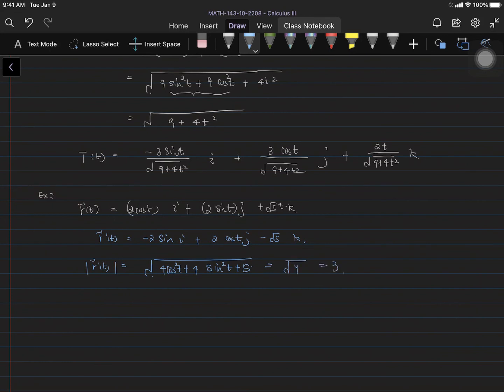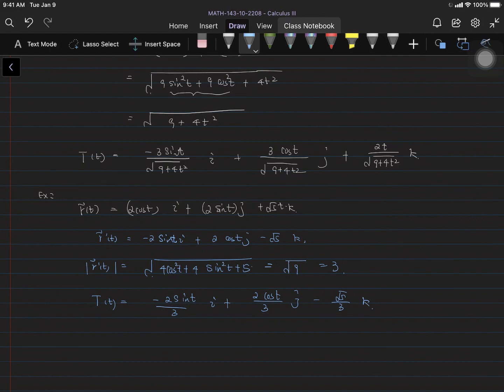That is the length. So T(t) equals negative 2 sine t over 3 i, plus 2 cosine t over 3 j, plus root 5 over 3 k. This is the unit tangent vector.